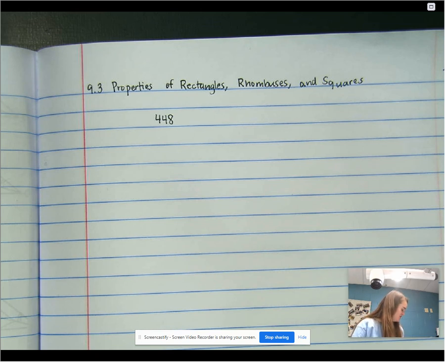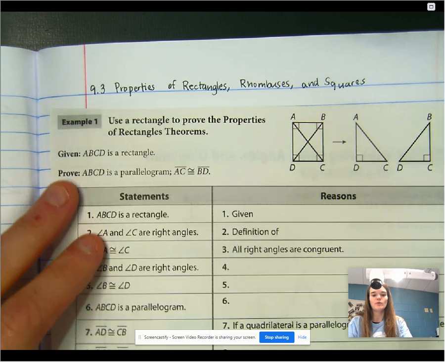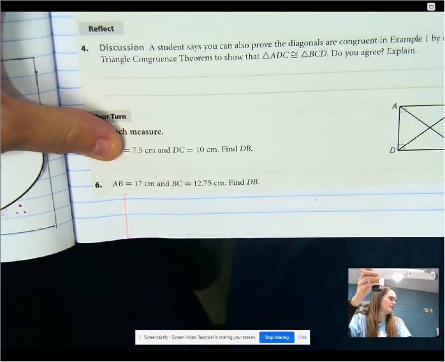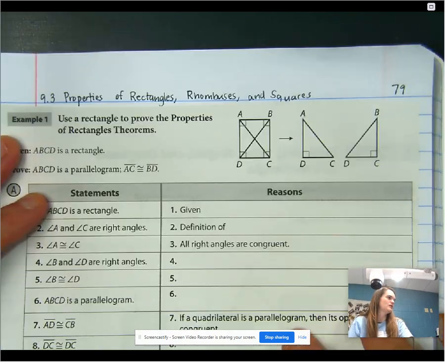We are going to use pretty much the entire page. We're cutting from the word example 1 all the way to number 6, and glue that in on page 79.